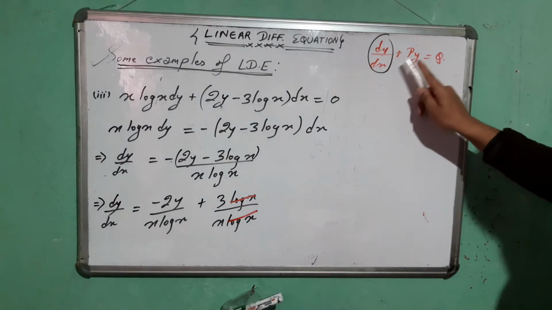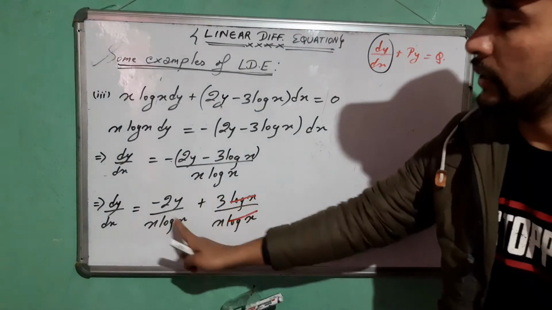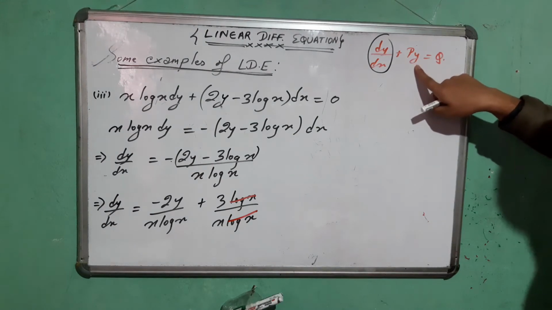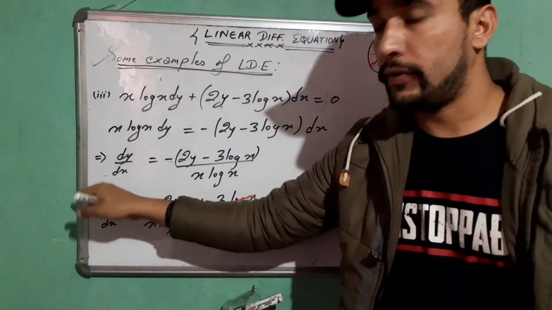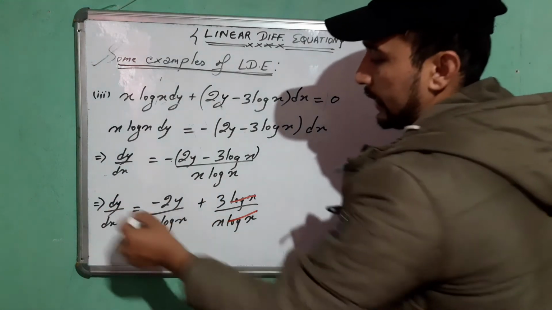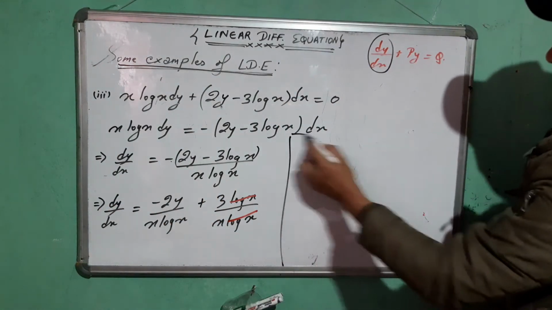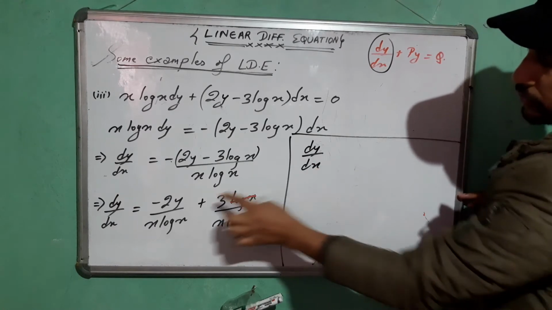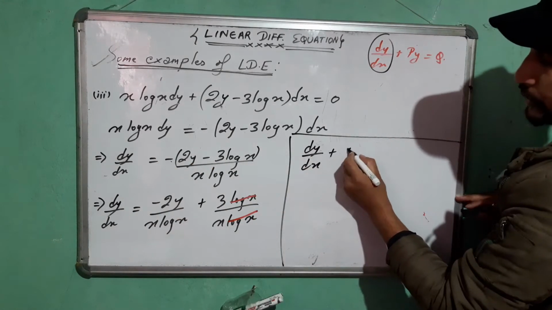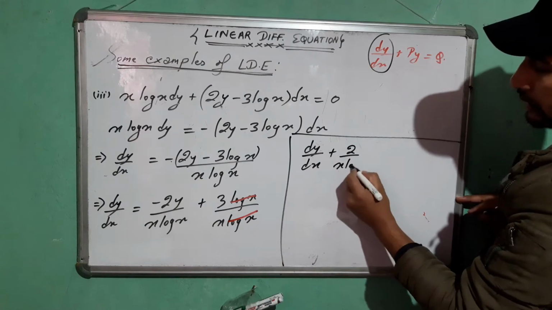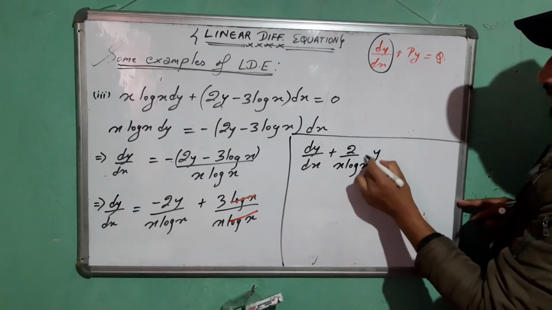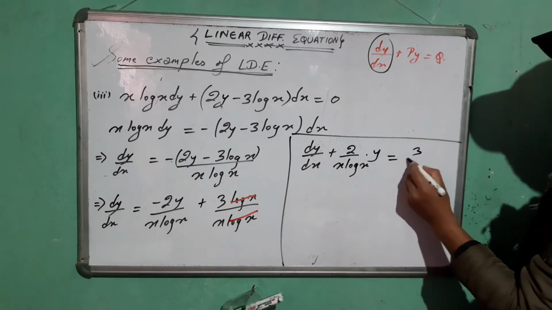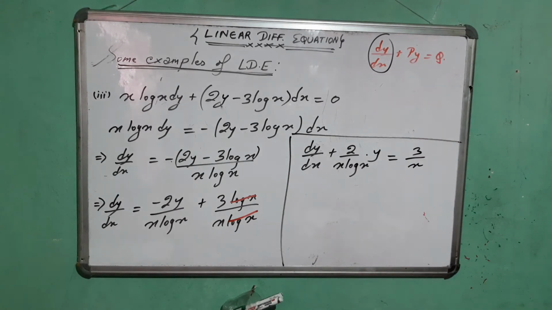Now dy/dx, we have got py. I'll take this function towards the left hand side because this y I need on the left hand side. From there, we will have dy/dx. When this goes to that side, it becomes plus 2 by x log x, and y keep separately, equals 3 by x.